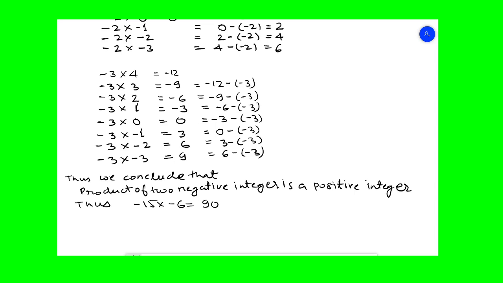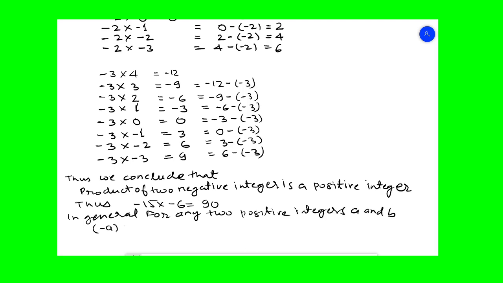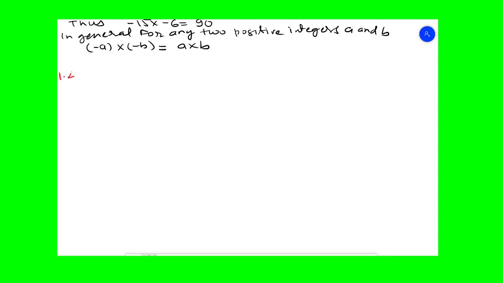So in general, for any two positive integers a and b, minus a multiplied by minus b equal to a multiplied by b.